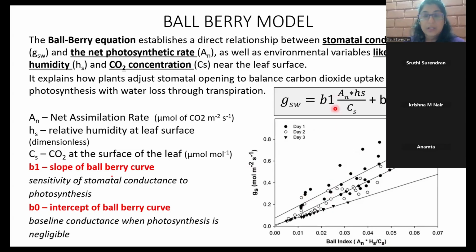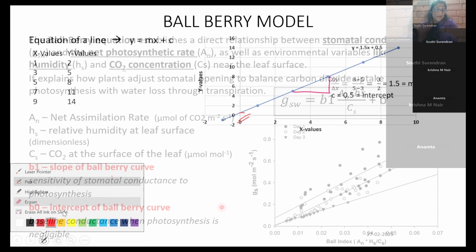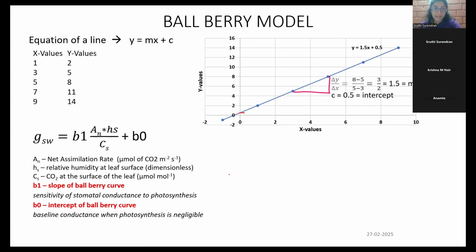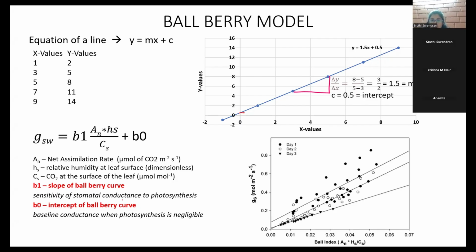In this equation, the slope term b1 gives us the sensitivity of the stomatal conductance to photosynthesis, and b0, which is the intercept, gives the baseline conductance when photosynthesis is negligible. In the same way, when we use this interpretation for the Ball-Berry model, the intercept value is the baseline conductance. From this graph, gs is the y-axis value and the Ball-Berry index is the x-axis value.